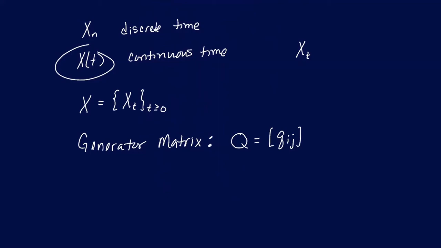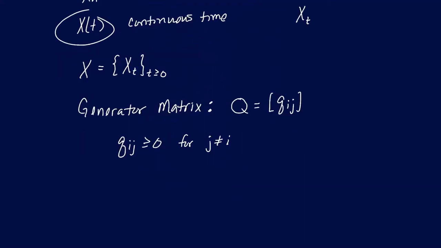So in the problem, they give you some properties of Q, and they're really nothing new. It says that Qij is greater than or equal to 0 for j not equal to i. Rates of transitions are always non-negative, except the diagonal terms. The diagonals of this matrix represent the rate of not changing from a state, the rate of staying where you are, and they are such that the rows sum to 0.